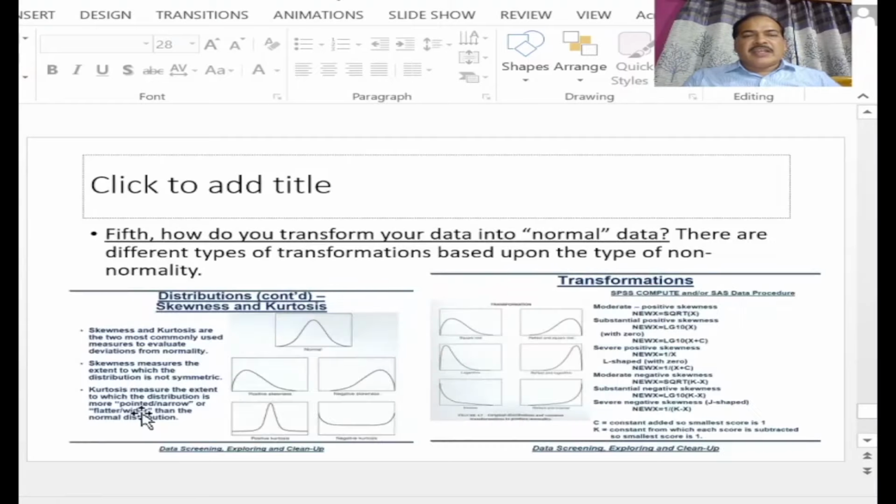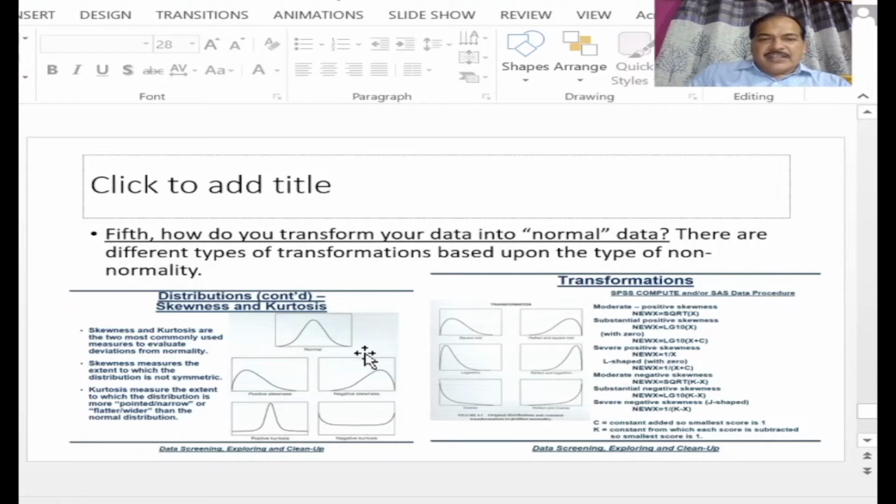It means if, after following all these steps, we do not have normally distributed data, in that case we can go for a different type of transformation.